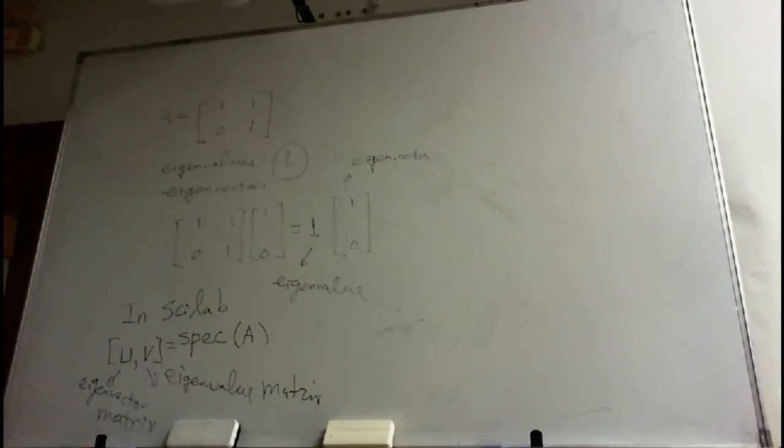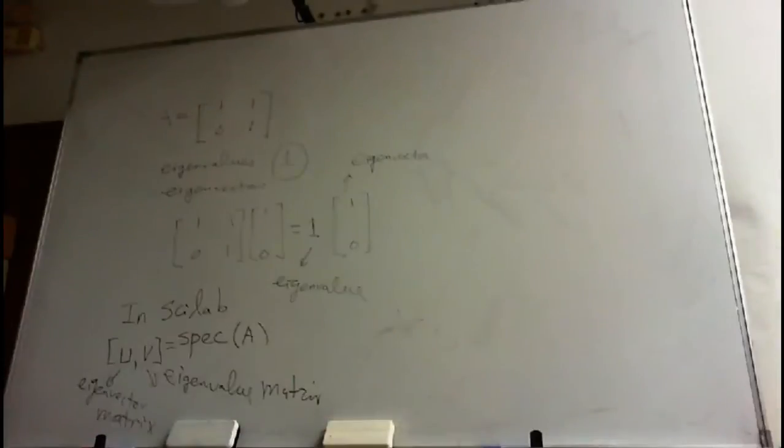You see it? Okay. So in the main app, you use EIG. In Scilab, you use SPEC, all small characters. They automatically compute the eigenvector matrix and the eigenvalue matrix for you.